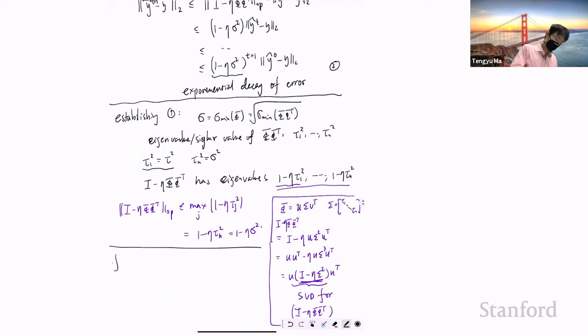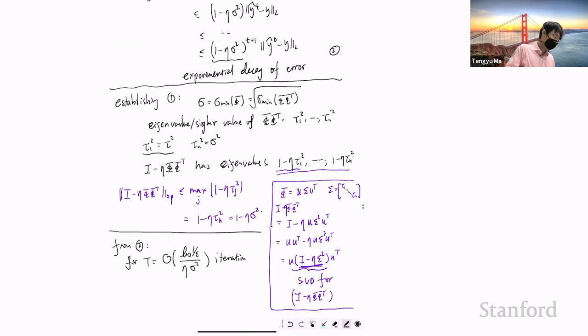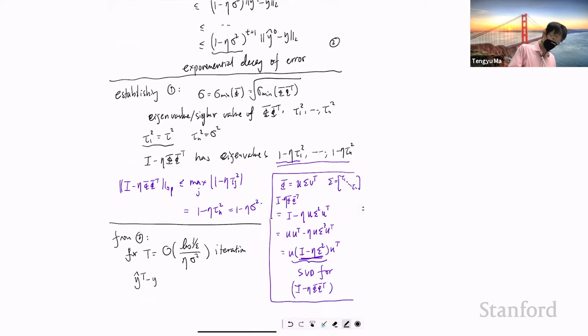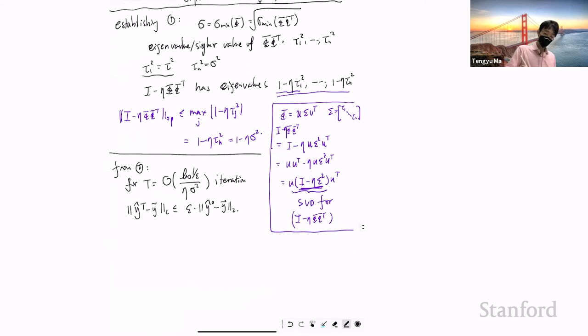From 2, after t at most something like log 1 over epsilon over eta sigma square iterations, your error y hat t minus y vec is less than epsilon times the initial error. And you can take epsilon to be very small, because it's a logarithmic decay of errors.